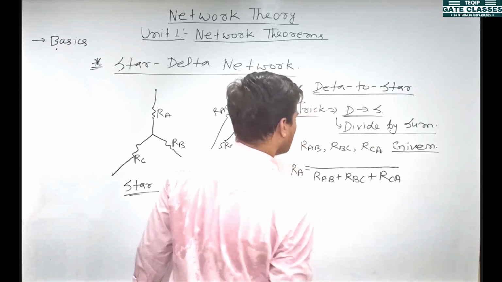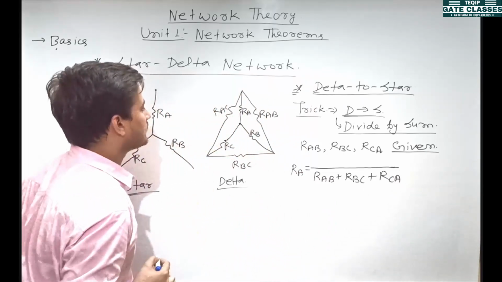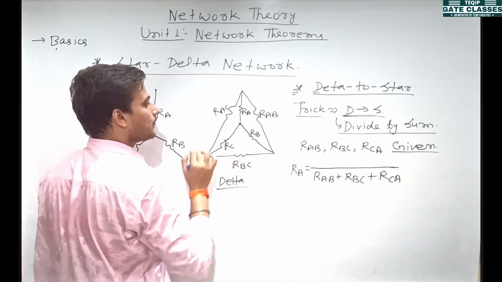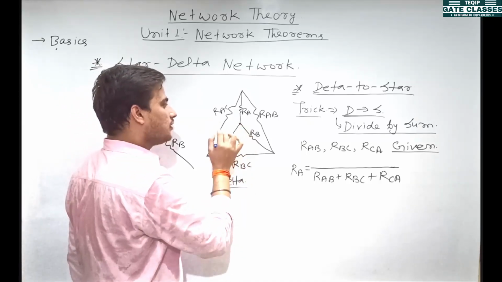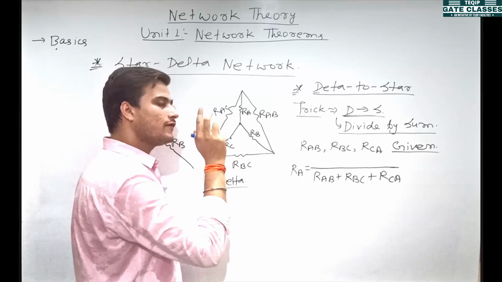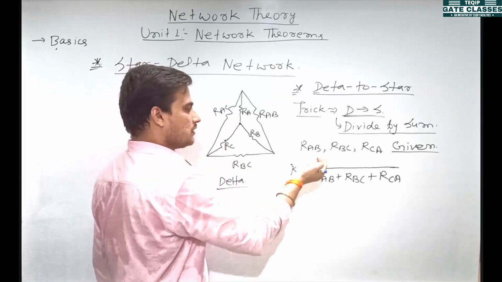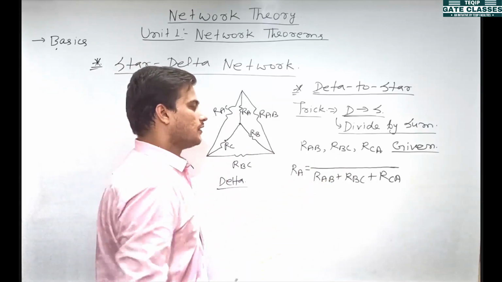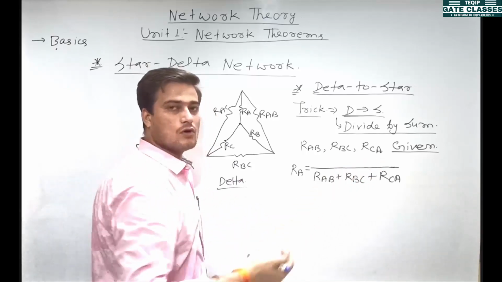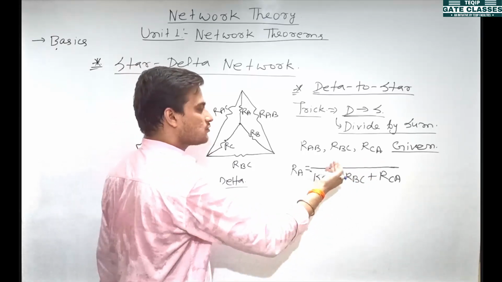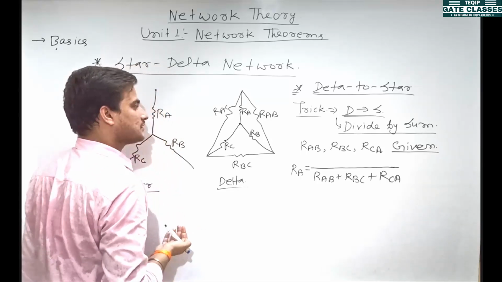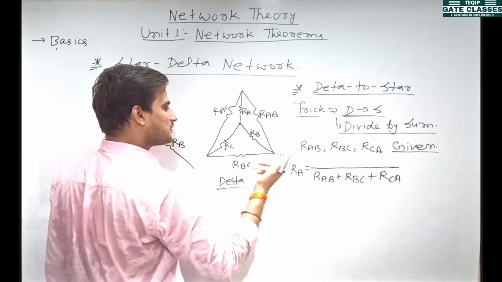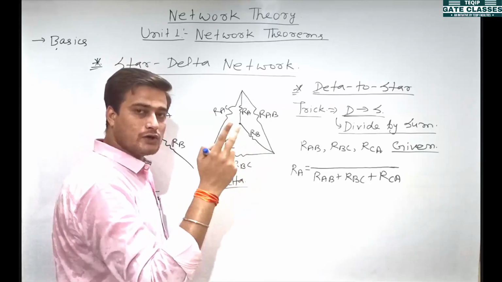Clear? Now at the numerator, you are finding RA. For RA, at the numerator there will be the product of two resistances, because ultimately the unit of the whole term will be ohm, so it will be a square of resistance, that means the product of any two resistors.